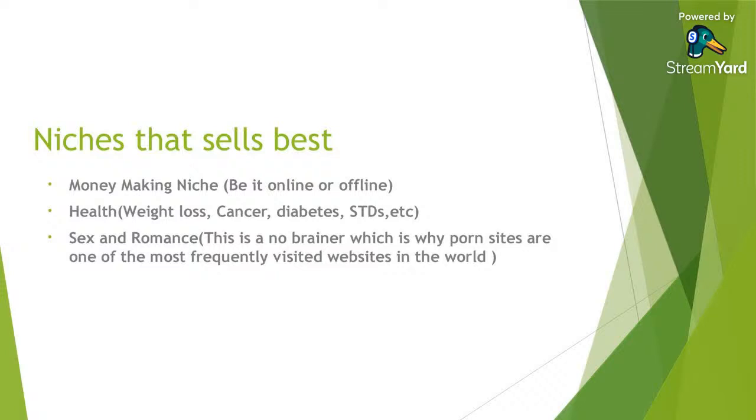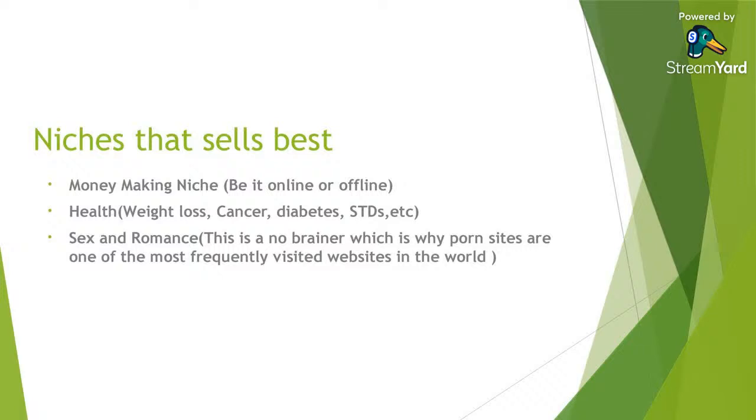So the next thing we are looking at today is the niches that sell best. You agree that there are so many products in the world and it is very difficult to determine what to sell sometimes. Even with the criteria that we have listed, there are too many products to categorize and be sure that this product falls under this category or that category, and that can be frustrating.